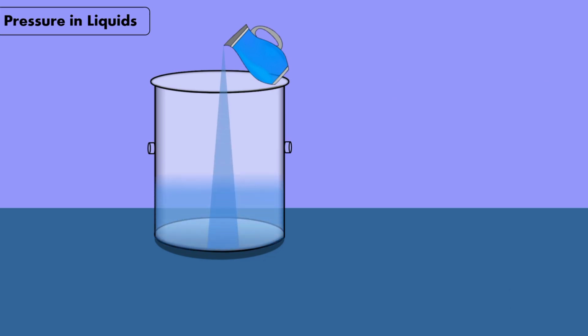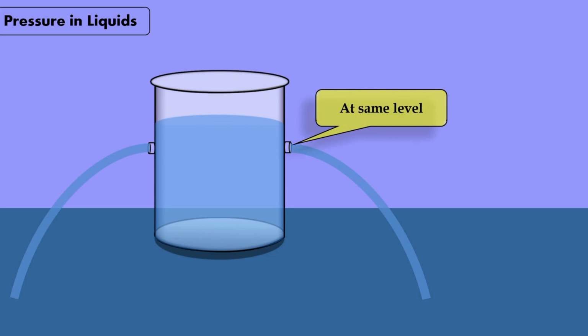Now again pour some water in the glass tube, and there are two holes in different directions, but they are at the same level. Now you can see that the water travels the same distance.